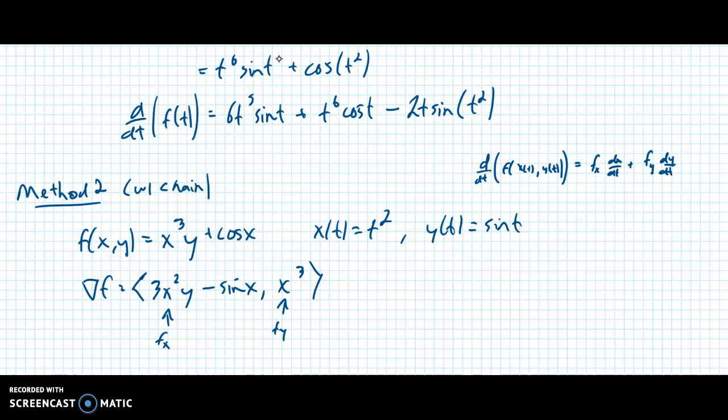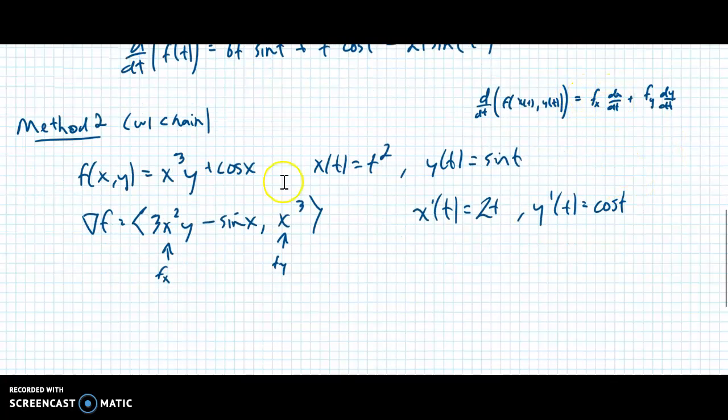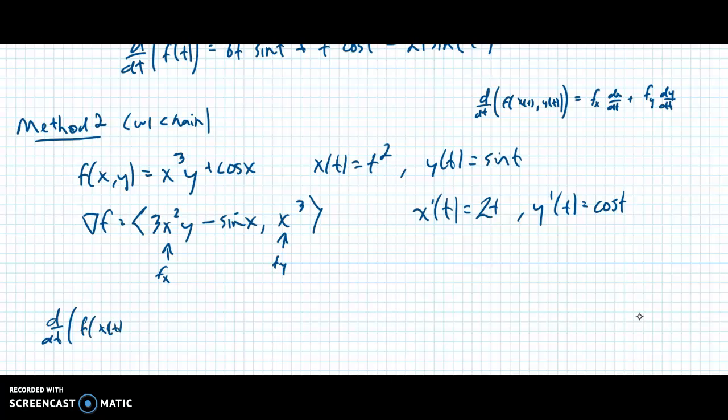So that means that x prime of t is equal to 2t, and y prime of t, so these are derivatives with respect to time, is equal to cosine t. So let's use this formula right here. So let's do d/dt of f of x of t comma y of t.